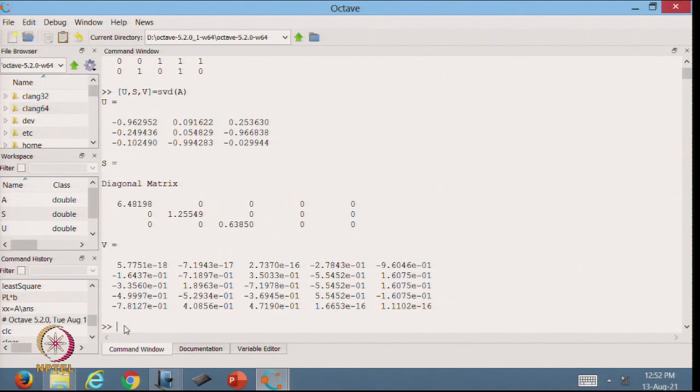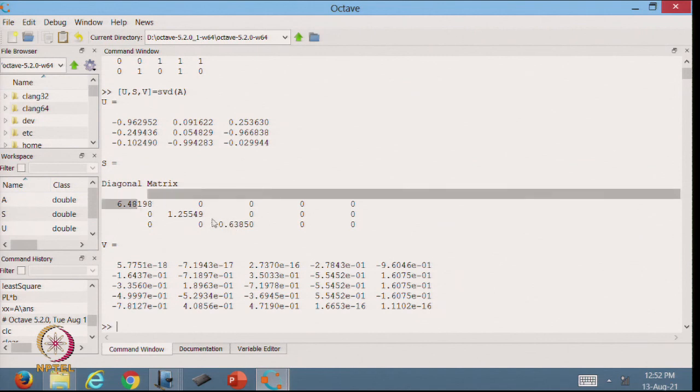Now, you can see that my U is 3 cross 3 and the diagonal matrix is 3 cross 5. These are my corresponding singular values, the largest one and then the next and the next, and this is my corresponding V.